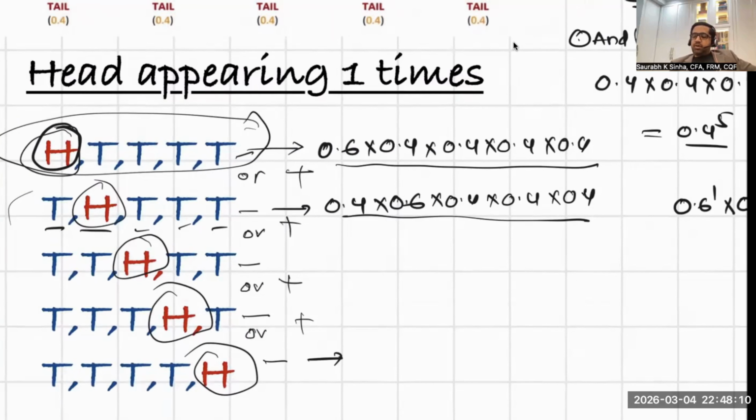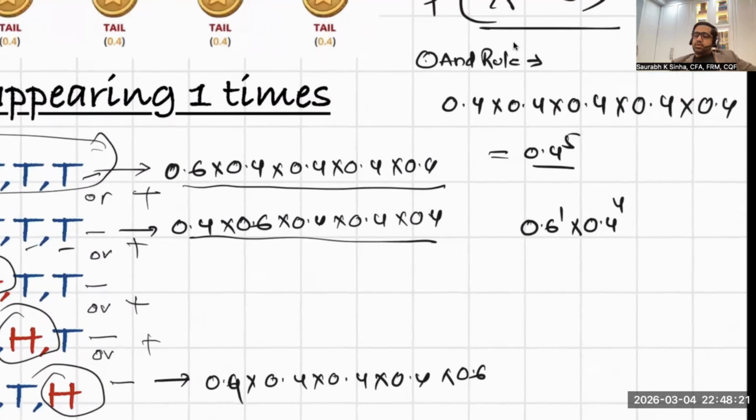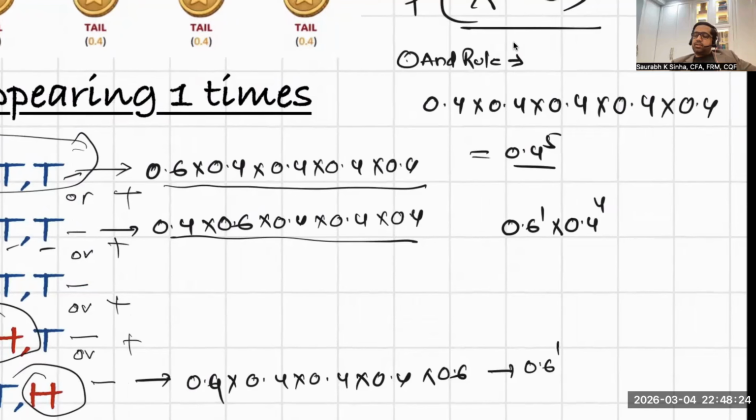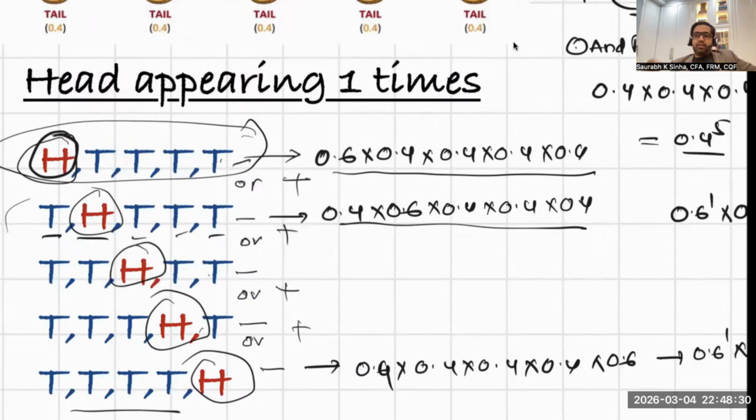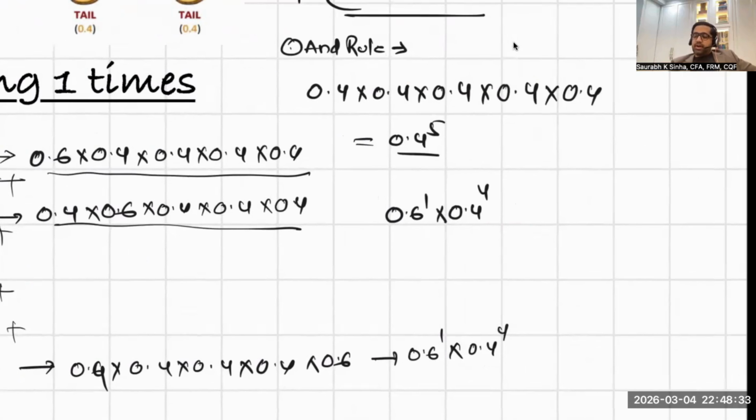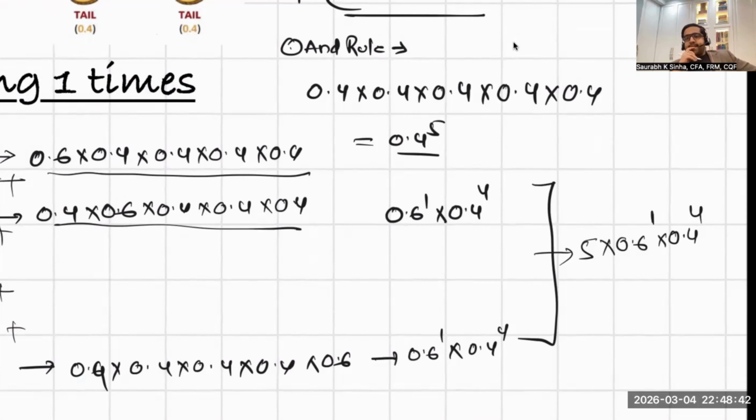Even for the last one, you will write 0.4 into 0.4 into 0.4 into 0.4 for 4 tails, and then 0.6. So again, it will give you 0.6 raised to the power 1 into 0.4 raised to the power 4. And you have to add how many times? 1, 2, 3, 4, 5 because of the OR rule. So at the final, when you add it for 5 times, it would be 5 into 0.6 raised to the power 1 into 0.4 raised to the power 4, right?